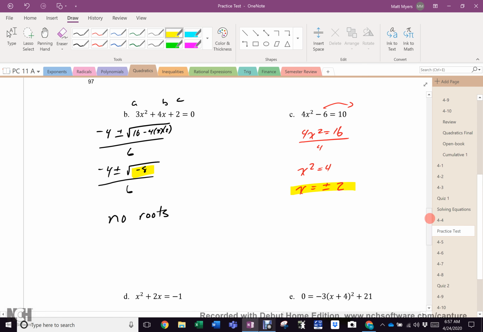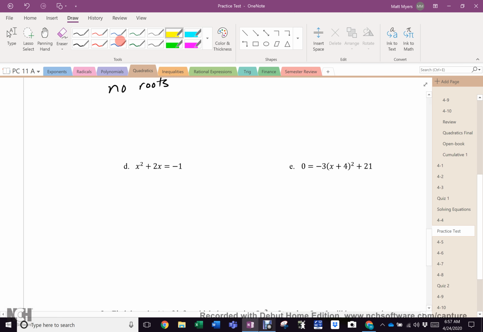There's your answer. Come down to here. X squared plus 2x plus 1 equals 0. That factors. That's x plus 1 squared equals 0. X plus 1 equals 0. X equals negative 1.